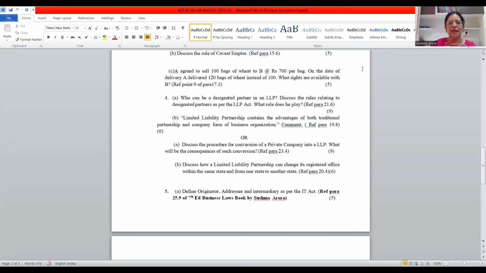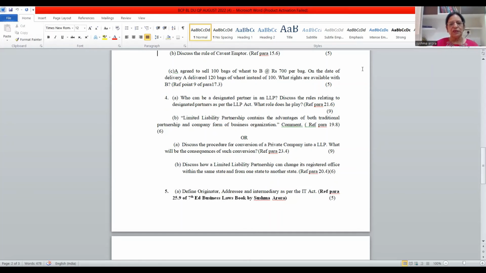Like a company, it is a separate legal entity, and like traditional partnership, there are partners, normal partners and designated partners, and the liability of the partners is limited up to the amount of contribution. It is not unlimited as it is in case of partnership.